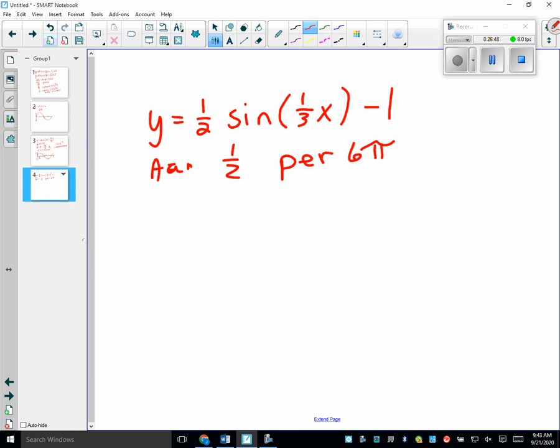Put it in. Well, first of all, on your window, what did we say a period was? 6 pi, didn't we? So we go from 0 to 6 pi. What is our scale going to be? That sounds good to me.